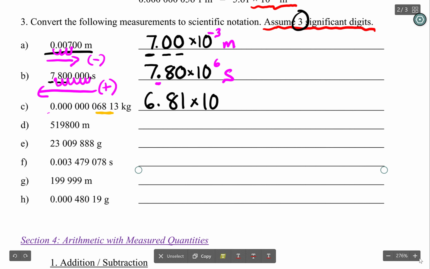I move the decimal over 1, 2, 3, 4, 5, 6, 7, 8 spots. So that's an 8. But because it's to the right, that's a negative value. So negative 8 kilograms. I would like you to pause the video now and try D, E, F, and G.